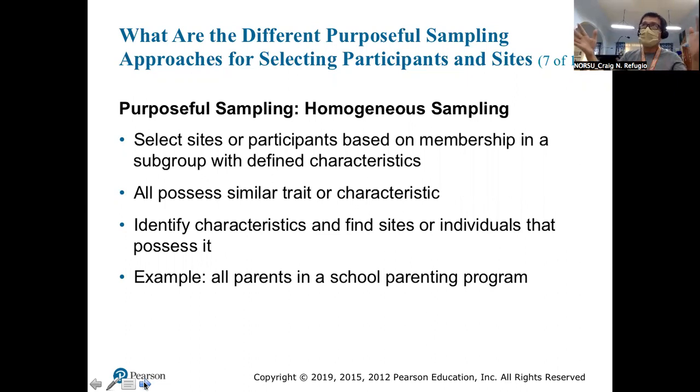You could not just say a group of gays, a population of gays, because gays can be classified into different subgroups. We call that a variation in purposive sampling design. So you must study the characteristics of your population, and from those characteristics, you are going to subdivide that big population in such a way that you're able to come up with a group having homogeneous characteristics.